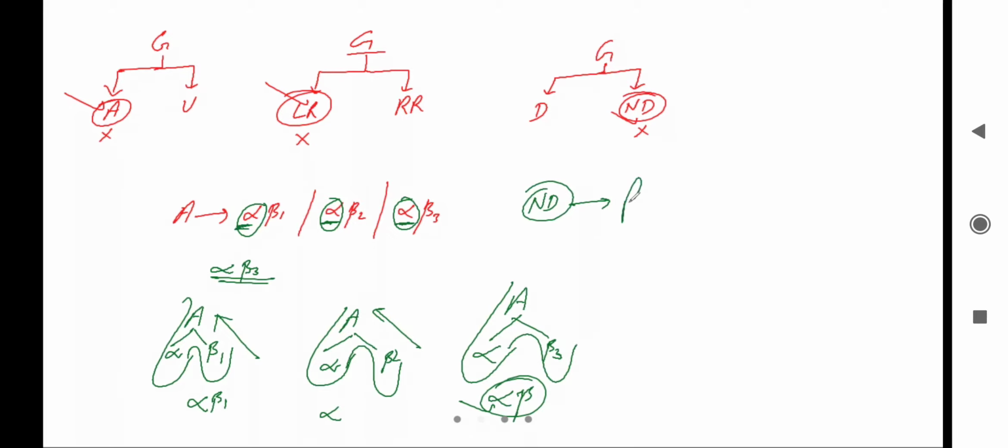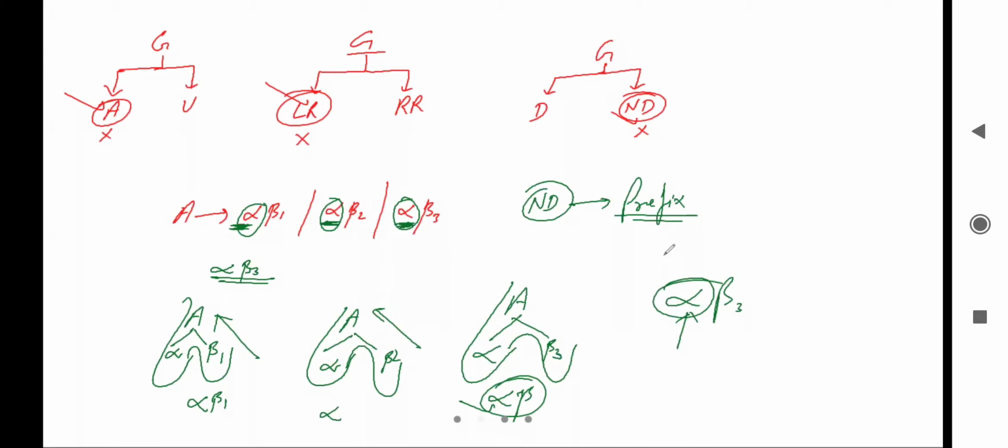Okay, so because of the prefix, it is non-deterministic, because every production has the same prefix. So the parser is confused, right? Another thing, what we are looking for is alpha, then beta 3, but we are checking only the prefix. They all have the same prefix, right? It means it is non-determinism.